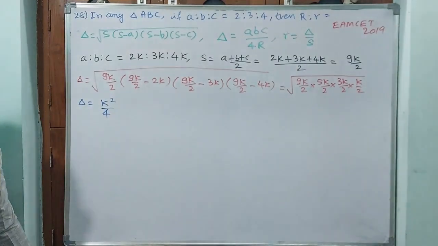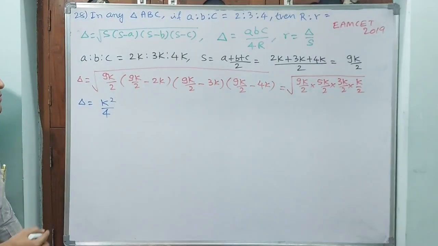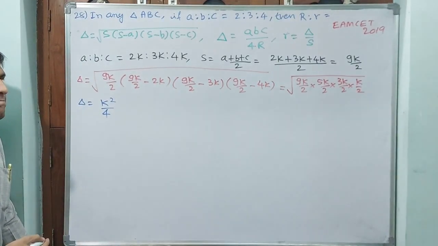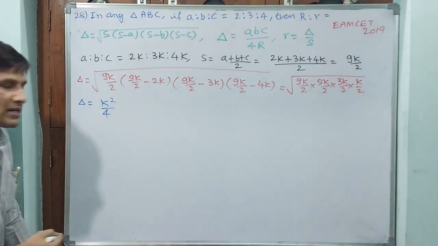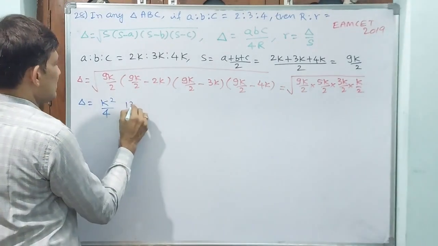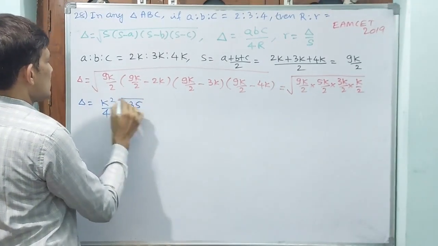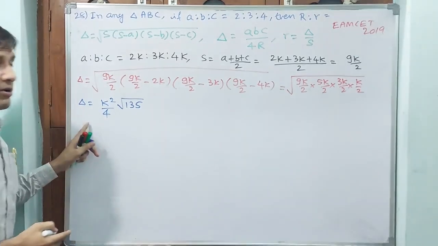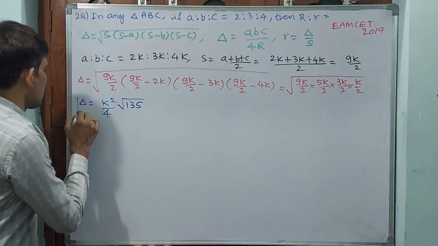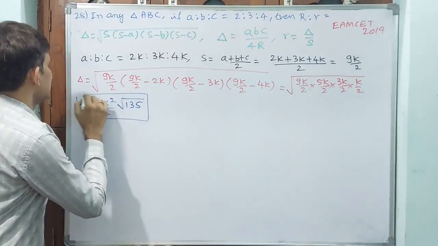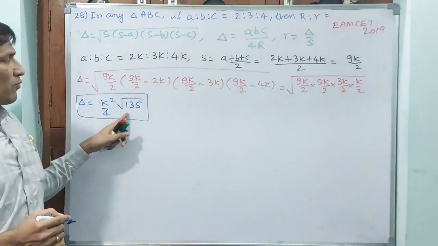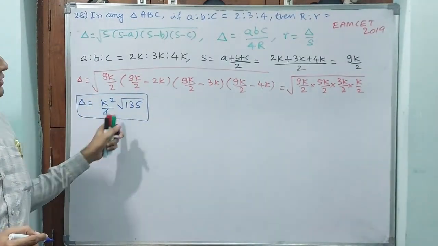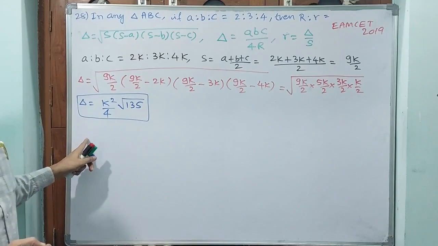And the numerator, what will be there? 9 fives are 45 into 3 into 1, 45 into 3, 90 plus 45, 135. Root 135. See, this will be your delta. You box it or keep it aside: k square by 4 into root of 135. This will be your delta. Okay, delta I have found.